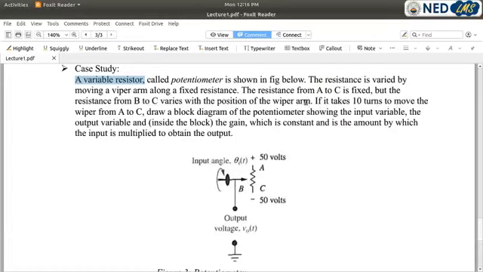The resistance from A to C is fixed, but the resistance from B to C is variable since the wiper is moving. What we are required to do is draw a block diagram of the potentiometer showing the input variable, the output variable, and the gain, which will be inside the block. This is the constant by which the input is multiplied to obtain the output.